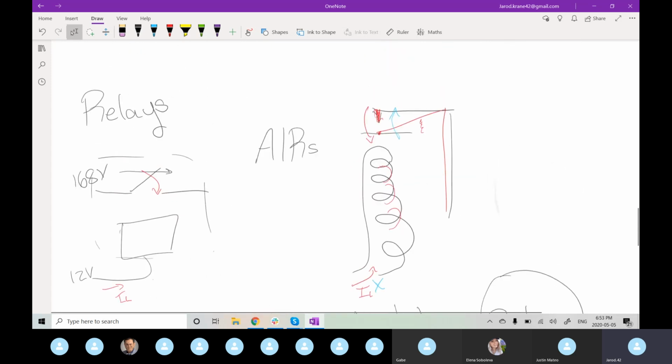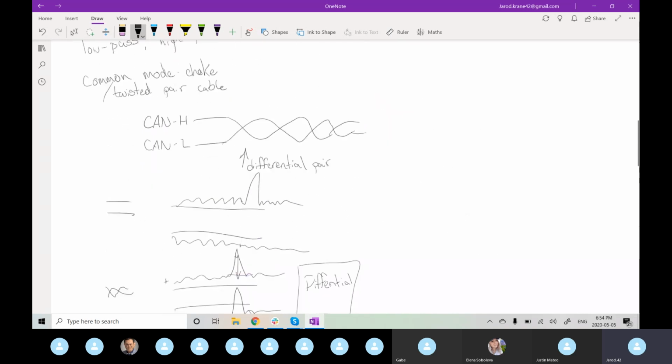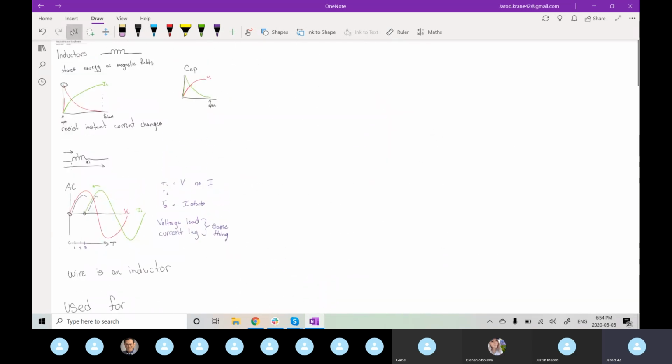How it's able to actually attract the arms in a relay? How it behaves with instantaneous switching? Are we all good with all of this? Okay.